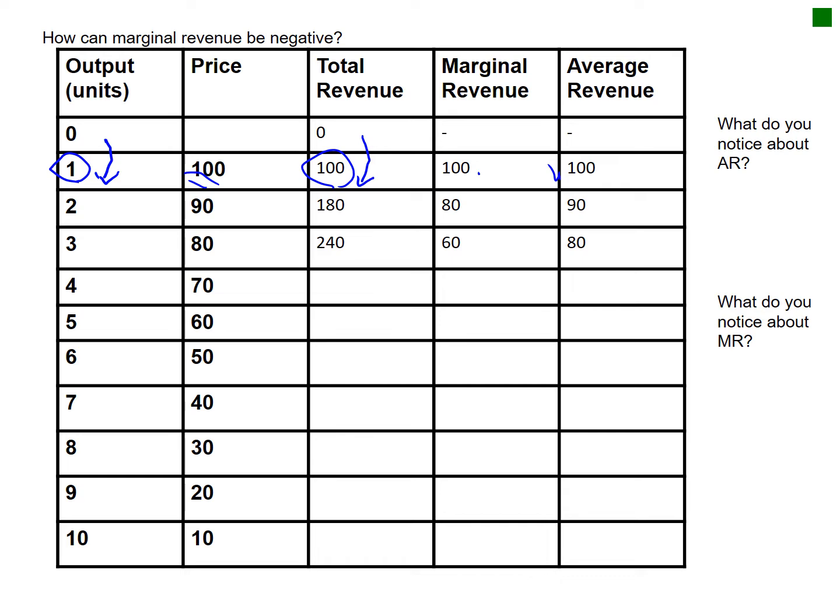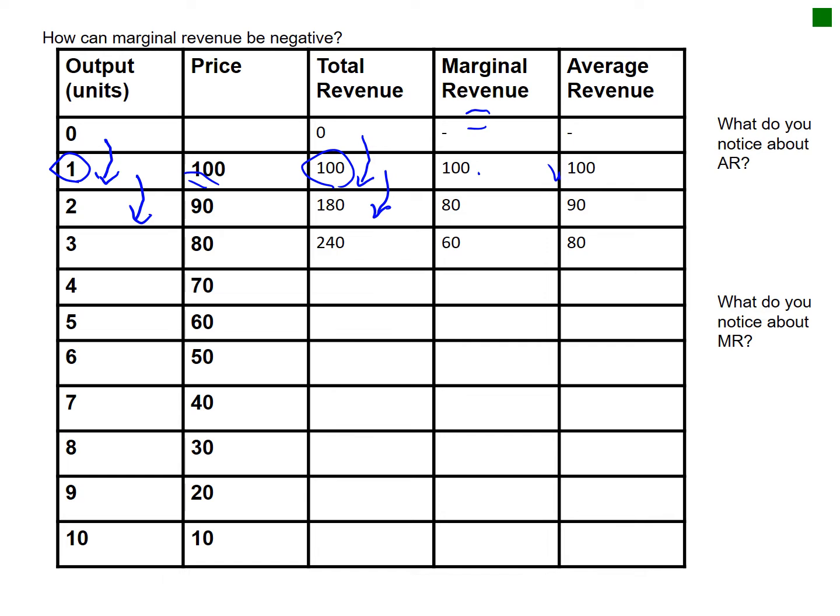So let's look at selling 2 units. Now we've had to drop the price in order to sell 2, and total revenue is 180. So to go from 1 to 2 units, the change in total revenue, which is the marginal revenue, is the difference between 180 and 100, so it's 80. And the average revenue is total revenue divided by output, which is the equivalent of price.